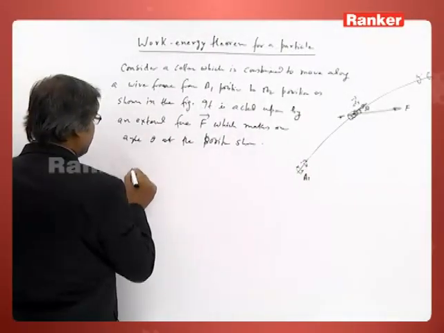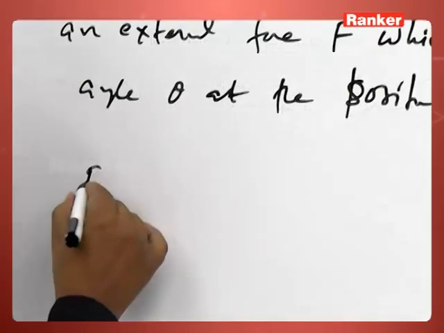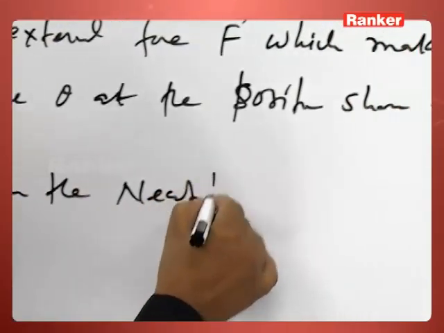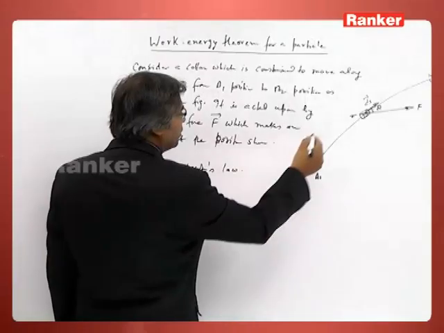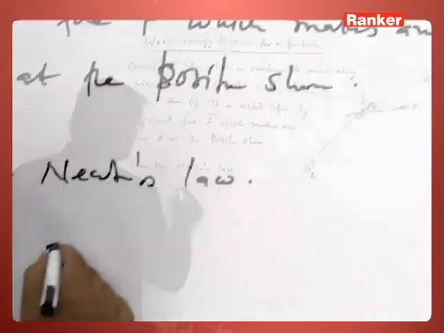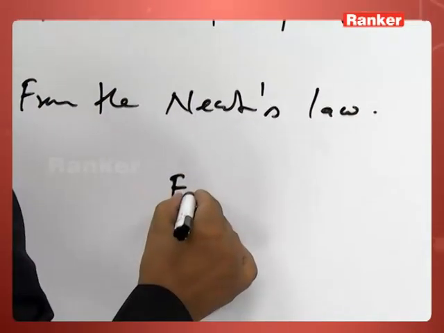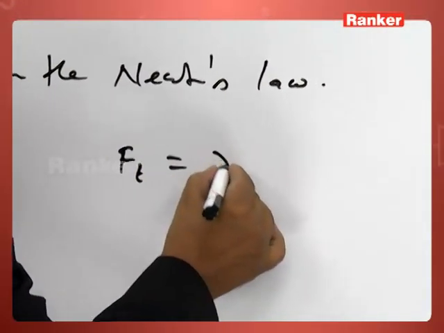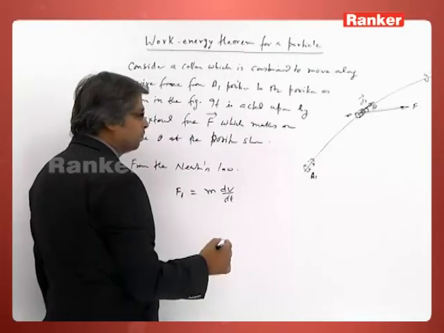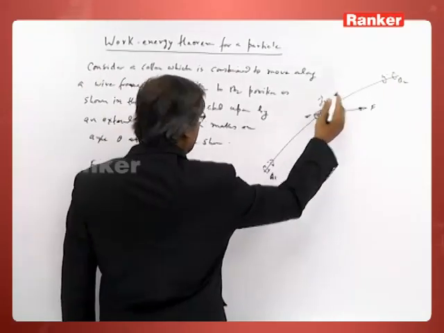So the equation of motion from Newton's law: applying Newton's law, we get that F tangential is mass times the acceleration in the tangential direction.